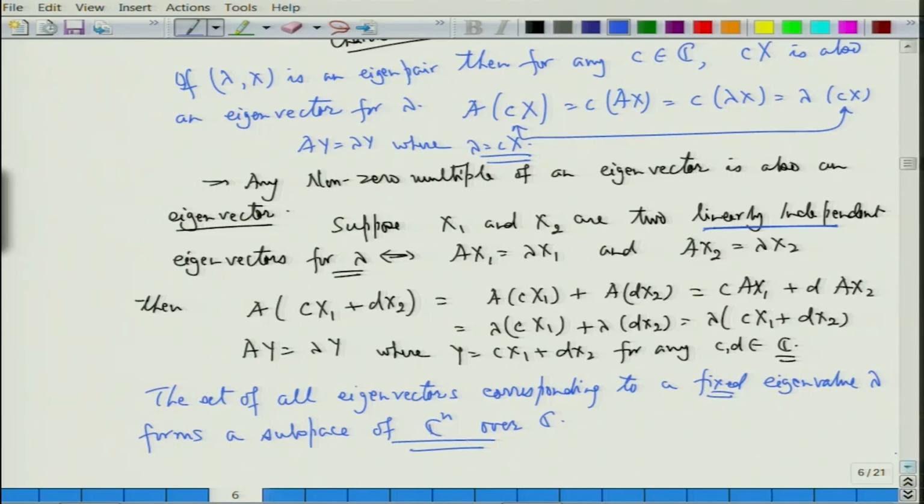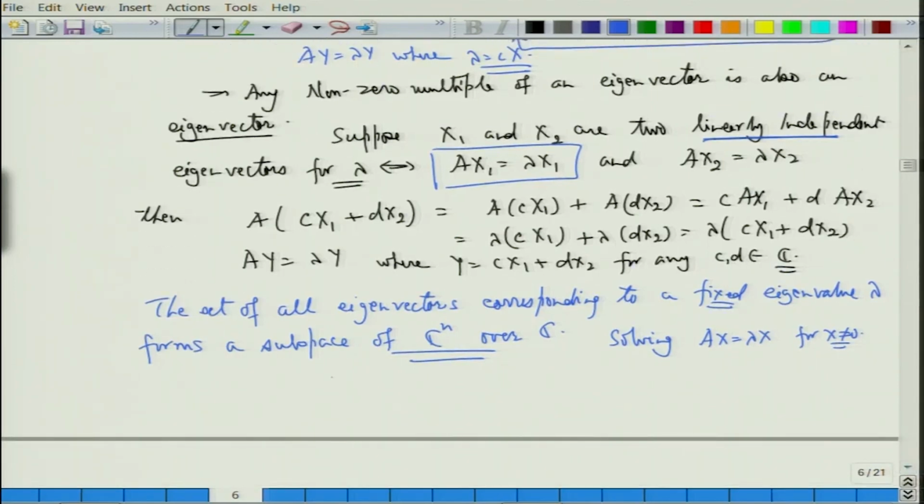Fine. And if you see, basically what we are doing is at each stage we are solving the system Ax is equal to lambda x, for x not equal to 0. So we are looking at all x belonging to Cn such that (A minus lambda I) of x is equal to the 0 vector.